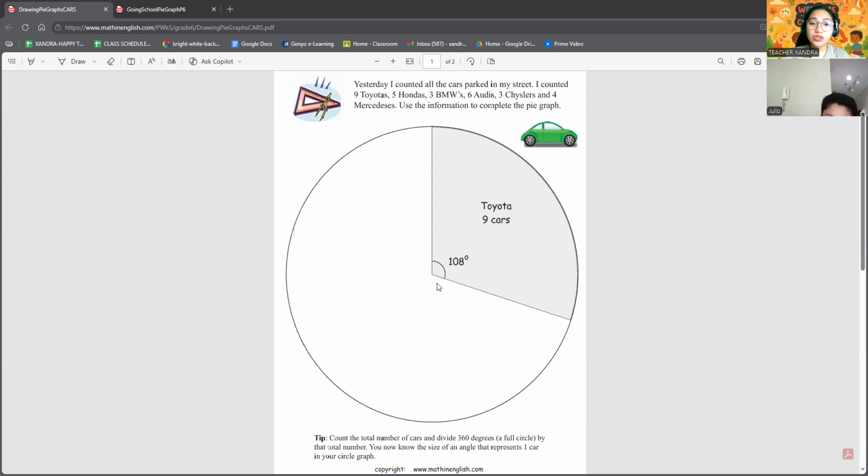The data shows 9 cars for Toyota, 5 for Honda, 3 for BMW, 6 for Audi, 3 for Chrysler, and 4 for Mercedes. Step one, Julio, you need to find the total number of cars. Show it on the screen, how you will find the total number of cars, please. Thank you.